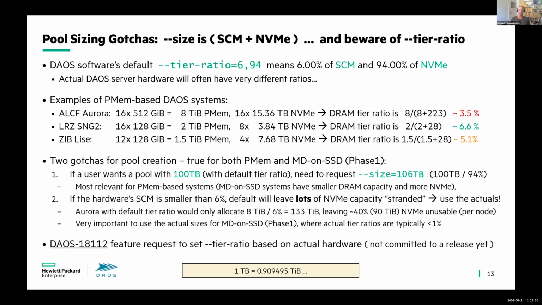If you would not specify the tier ratio when you do pool creates, you would essentially waste 40% of your NVMe because you run out of SCM before you have allocated all the NVMe. So it's really important that on a system with actual hardware, the scripts that allocate the pools take into account what the capacity in the system is, and then change the default tier ratio accordingly.